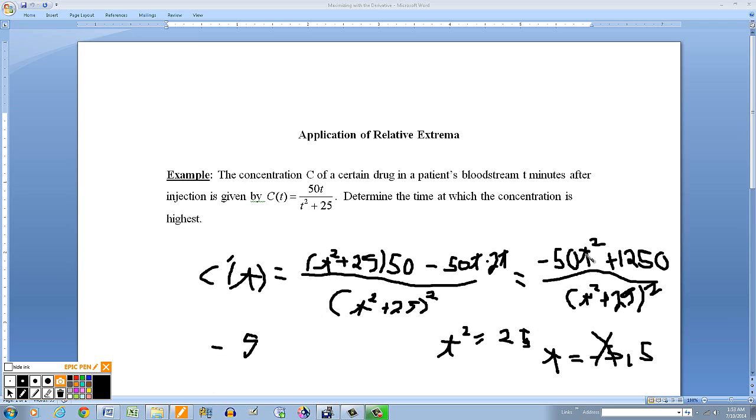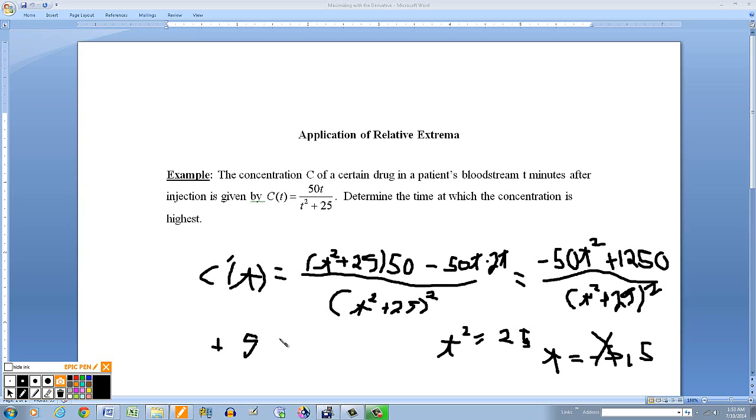Put a 6 there. 6 squared, 36 times a negative 50, and then add 1250. I really want this to be, this will come out to a plus. Okay. If I put a 4 here, 16 times negative 50, add 1250, that will come out positive. Okay, so this should be a positive right here.